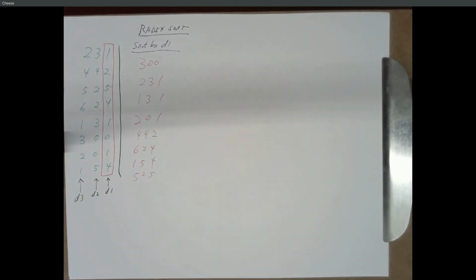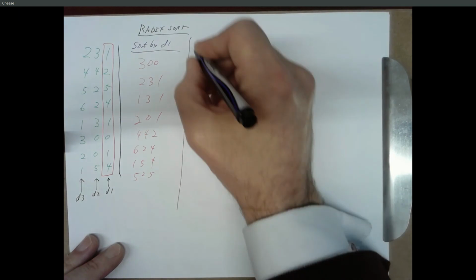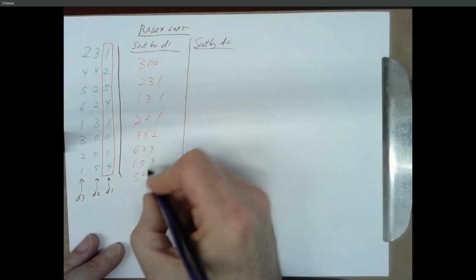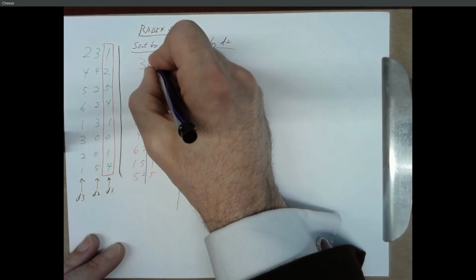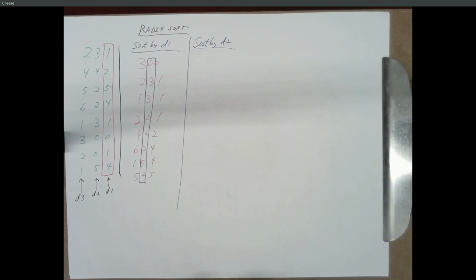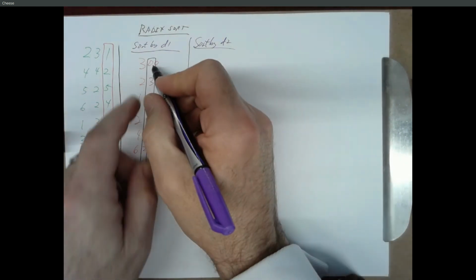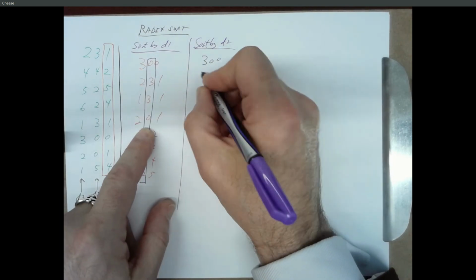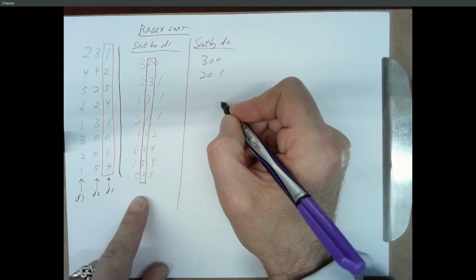Now we're going to make a second pass, and we're going to sort by D2. So I'm going to look at the second digit. Again, I'm just going to do the same thing. I'm going to go through 10 times. I'm going to find all the things that have a 0: 300, 201, that's it.